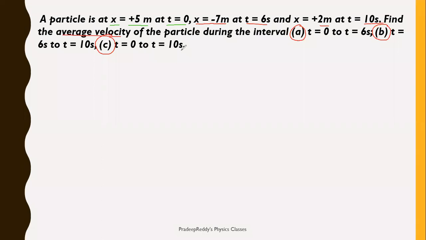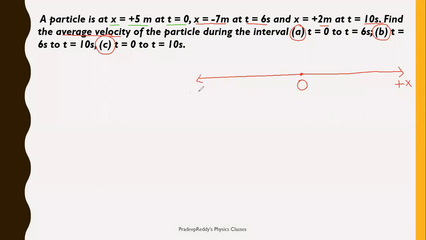Now, in order to solve this problem, first let me take the x-axis. This is the origin. I am denoting it with O, origin. This is the positive x-axis.